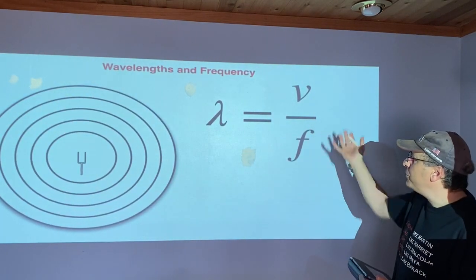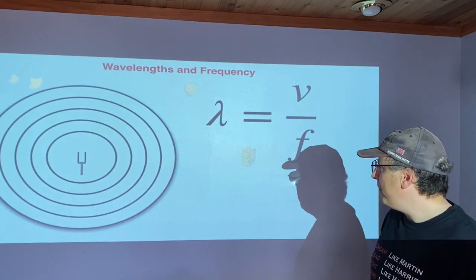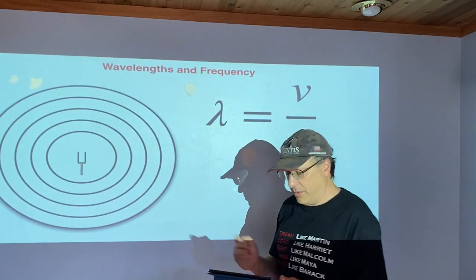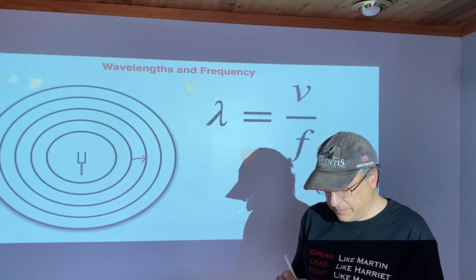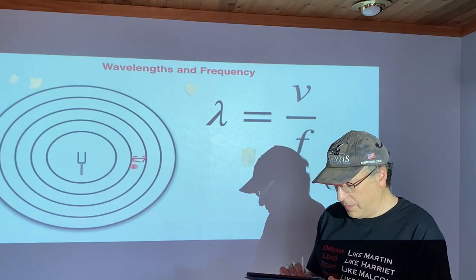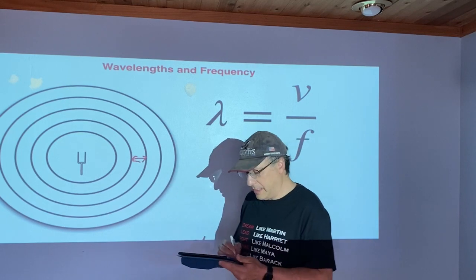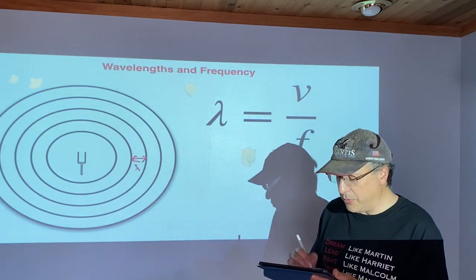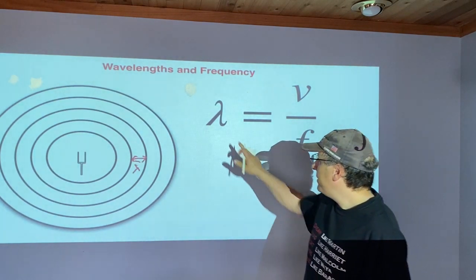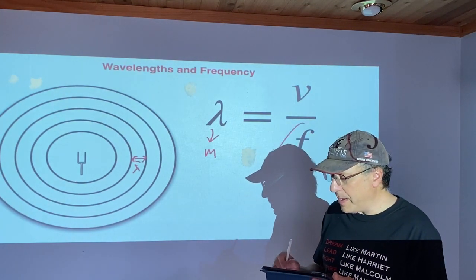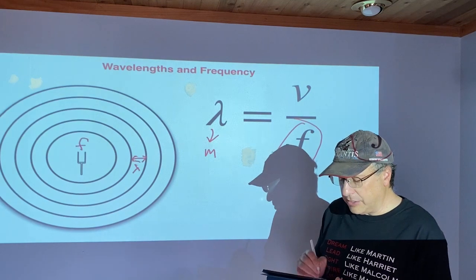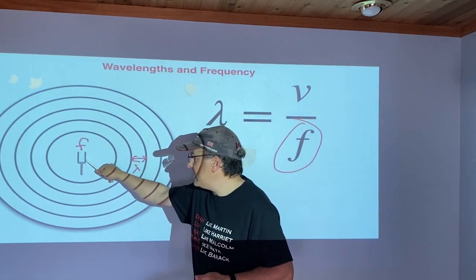I want to remind you of the formula that we found in lab. Wavelength, which means the distance, right here, the distance between two adjacent waves. That should be measured in meters. I want you to remember frequency is caused by the thing making the sound or light.